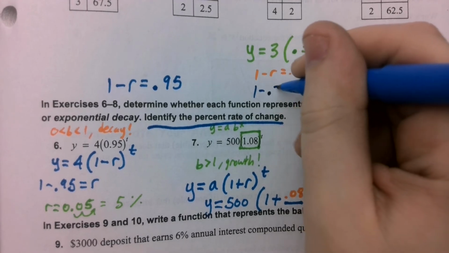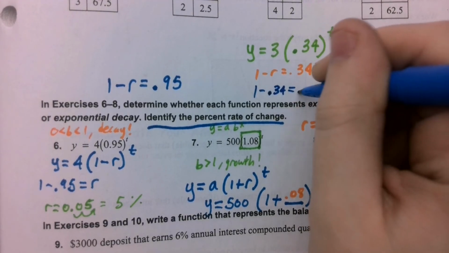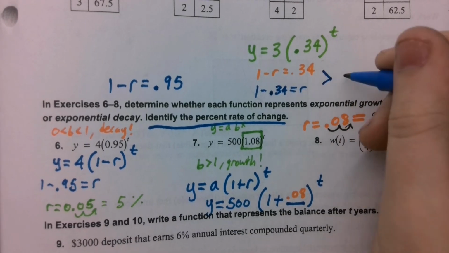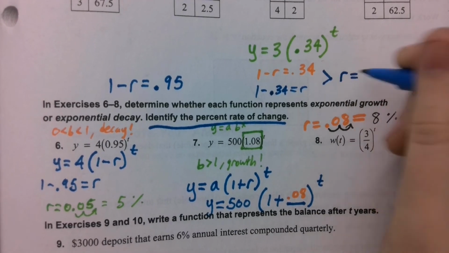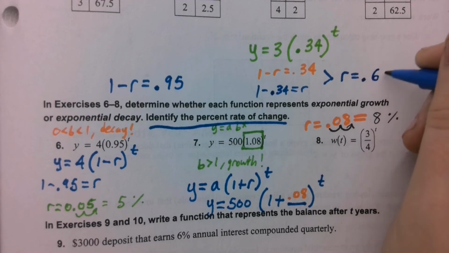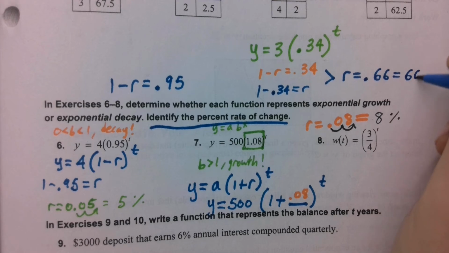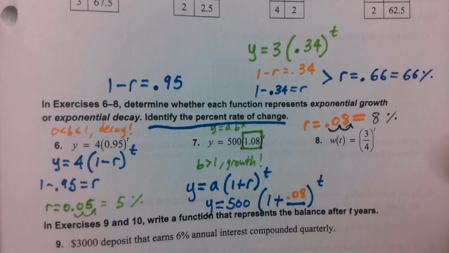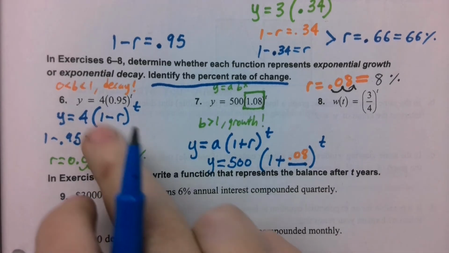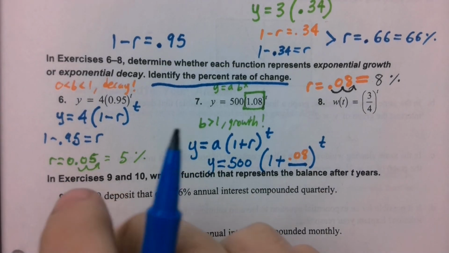Again, this only works in certain cases, don't try to replicate it everywhere you go, to figure out what r is. Either way we do it, r will equal what? 0.66, or 66%. That is a key to note when you are trying to identify the percent rate of change.